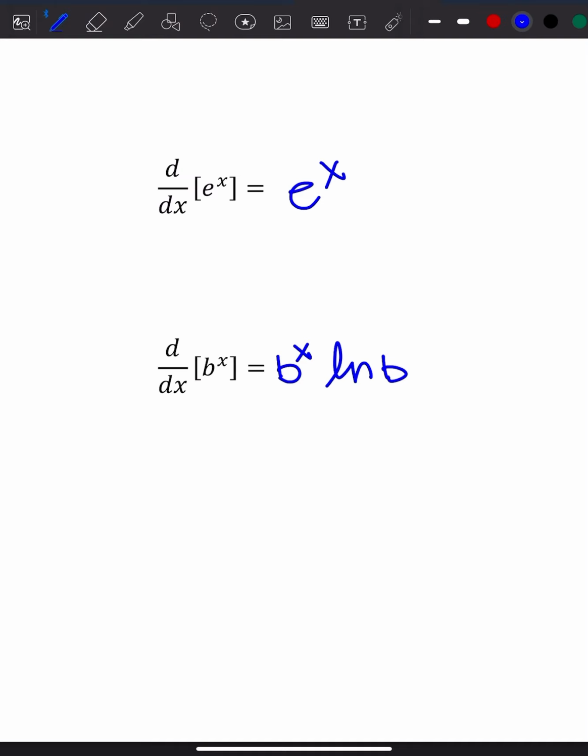This has to do with our change of base formula when we look at different things with logarithms and exponentials, and there is a way to look through all of this, but just like everything else in the AP test, just knowing it is always easier. So just like the other one, if I were to have this as e to the x, it would be e to the x natural log of e. Natural log and e make 1, so it's just e to the x.